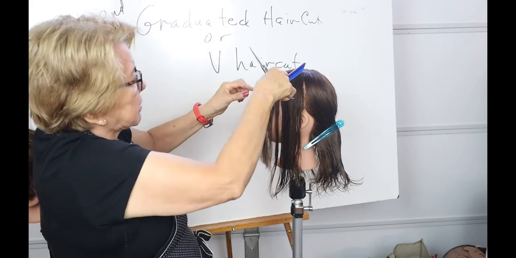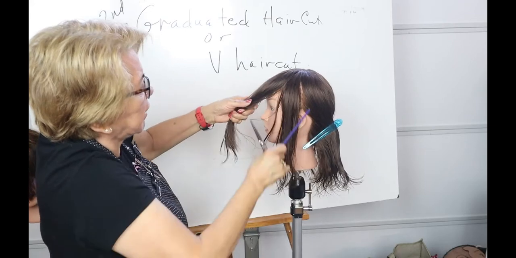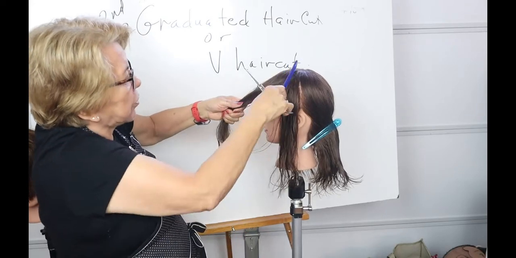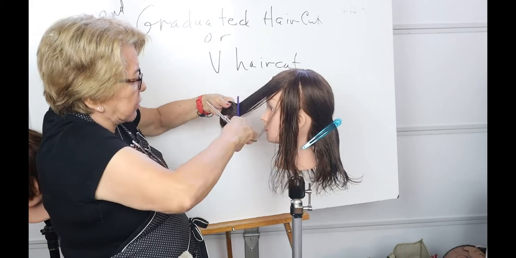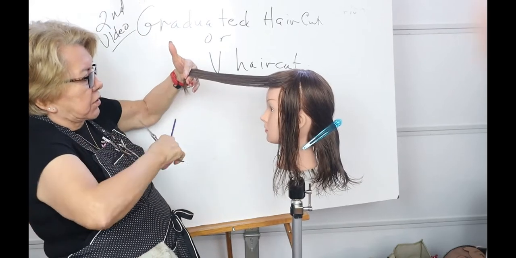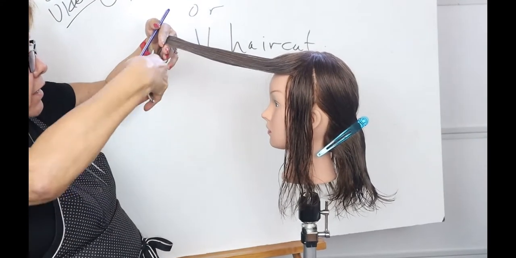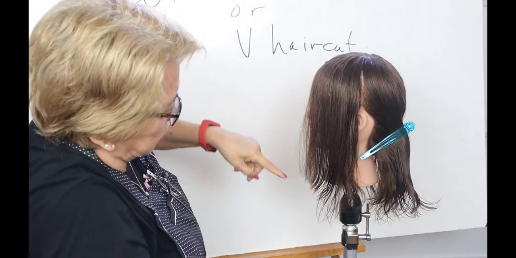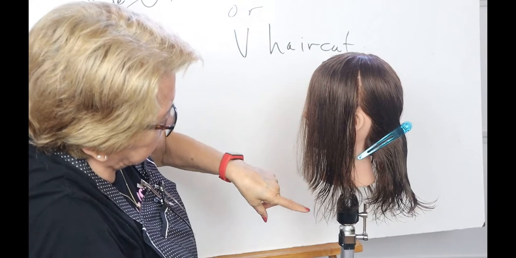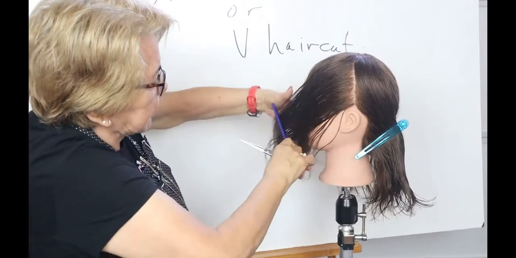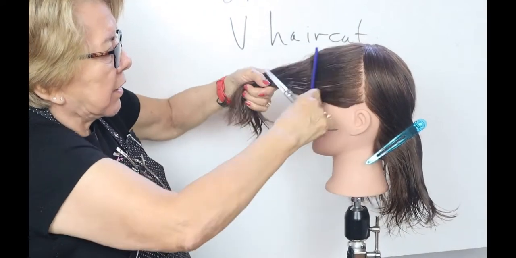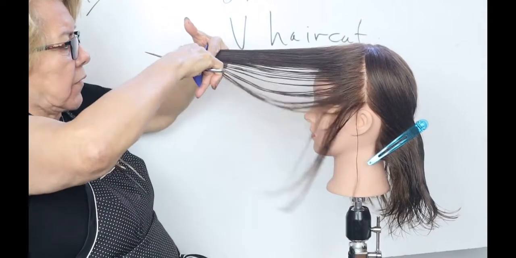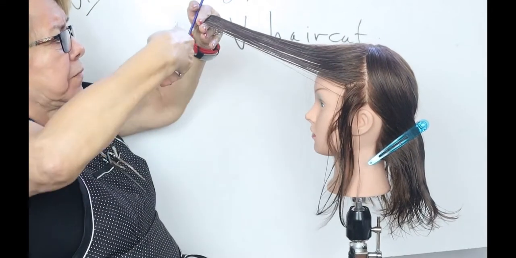All right? You're going to see a much harder line, again, parting it diagonally, bringing it up to the same spot right there, cutting it horizontally. Now, are you seeing that hard line come up? It's not soft. It's not as accommodating as the other one.